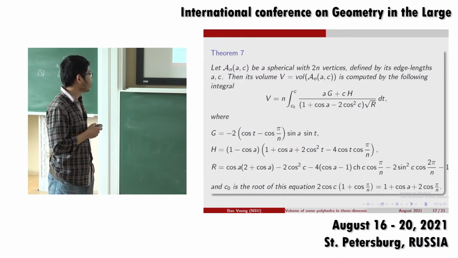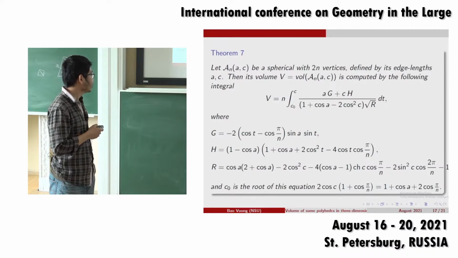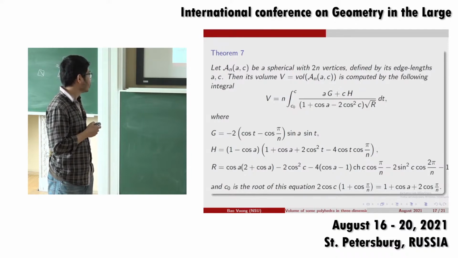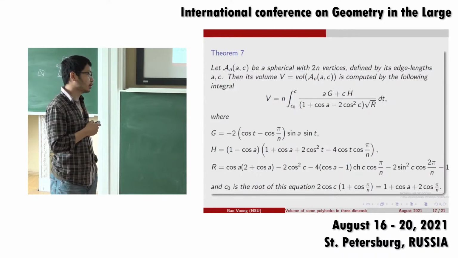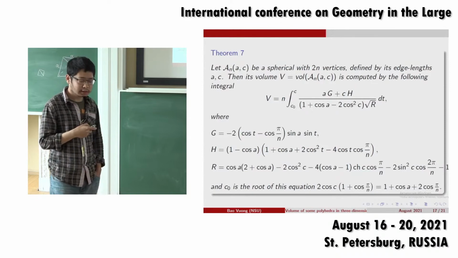We get the volume formula for the spherical antiprism.